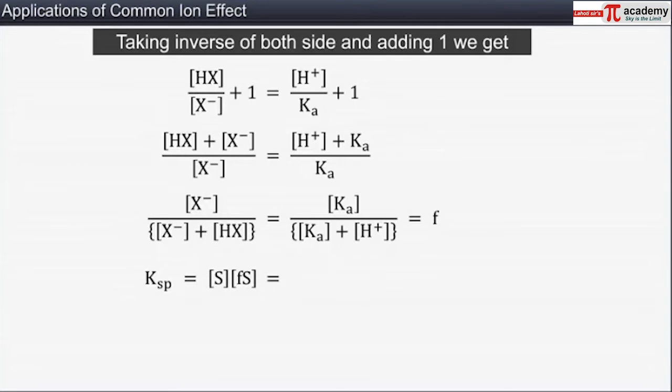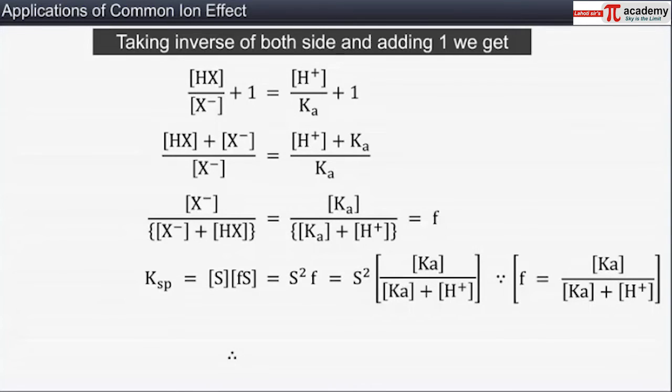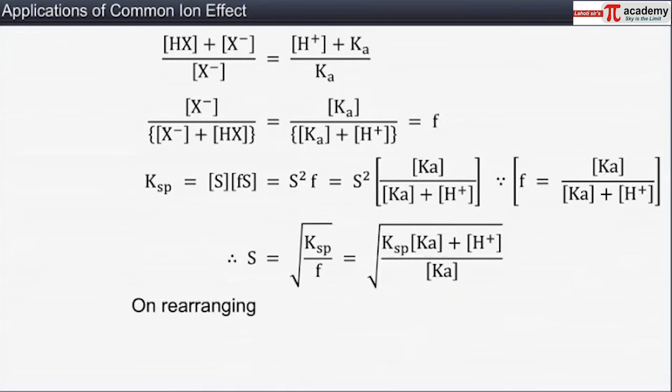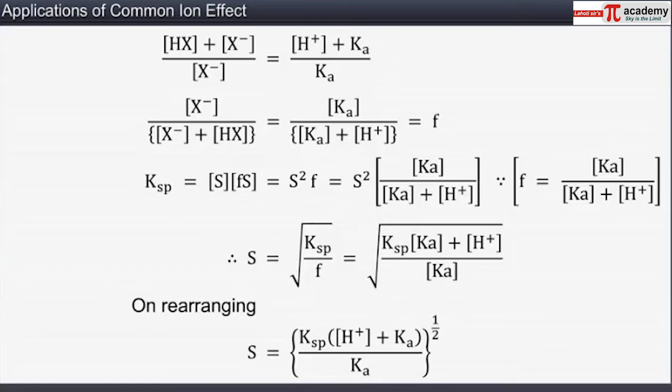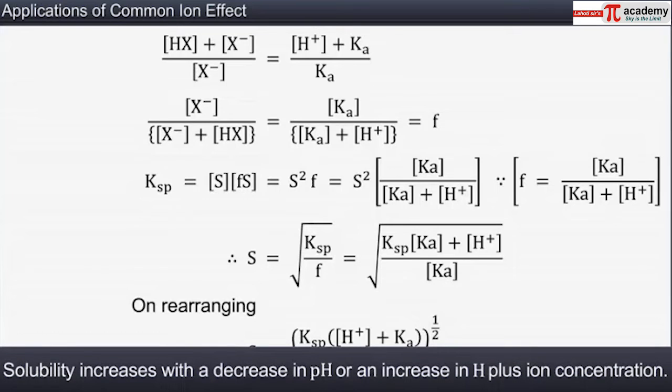That is, equal to the product of S square and F. Therefore, solubility is equal to square root of Ksp divided by F. On rearranging the equation, we get solubility S is equal to the product of Ksp and H+ plus Ka divided by Ka, whole to the power half. So we can conclude that solubility increases with a decrease in pH or an increase in H+ ion concentration.